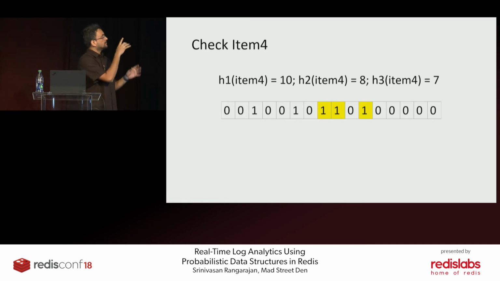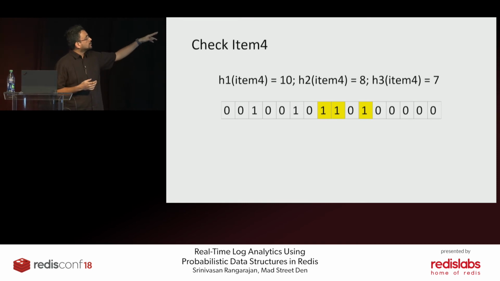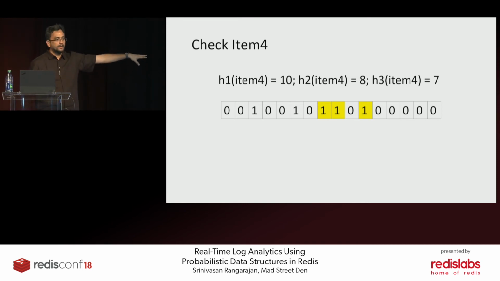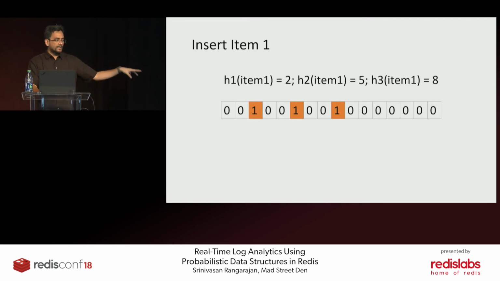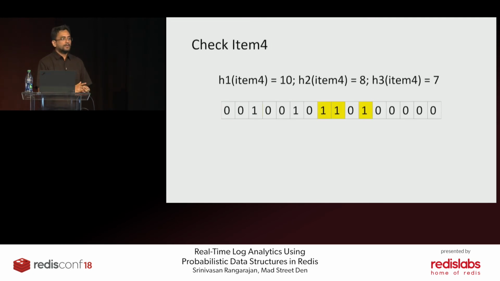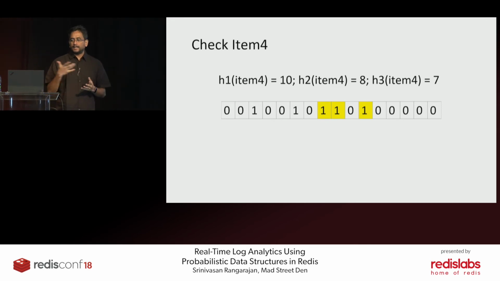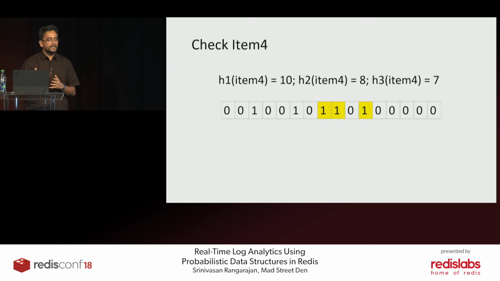So basically this is item 4, and let's assume that the hash values are 10, 8 and 7, and you can see that those values are marked as 1, but we have never actually seen item 4 before, because item 2 and item 1 were the only things that we have added, but item 4, because of the hash collision, returned back 10, 8 and 7, and we find that all 3 are 1, and the Bloom filter will return back saying, yes, it's possible that we have seen this item. So in Bloom filters, there is a possibility of false positives.